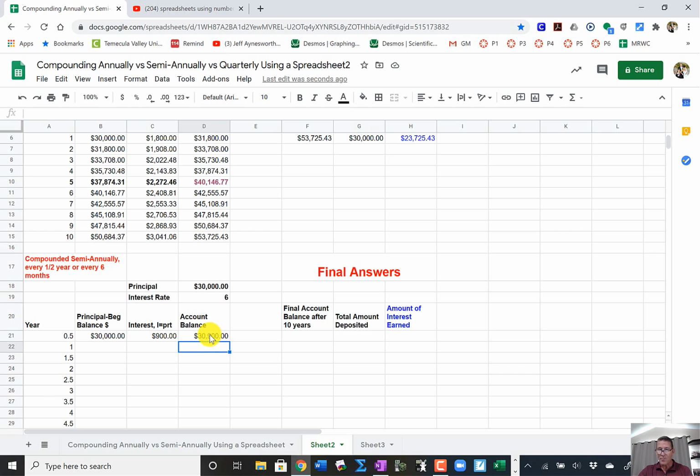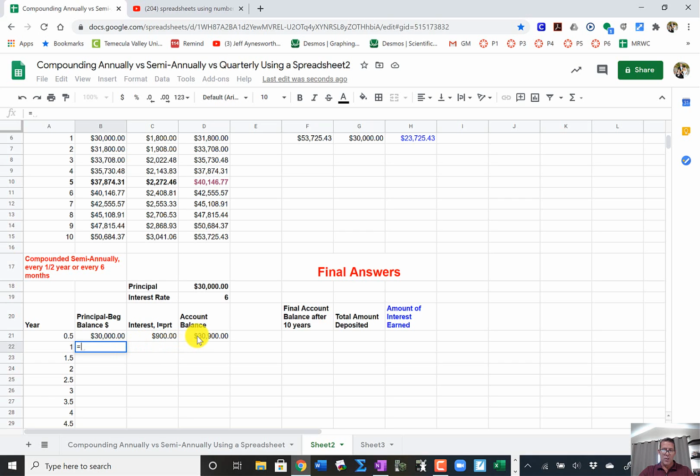So now after a half a year, like you're midway through the year here, you have $30,900. Okay, that's great. So now in the second half of the year, we start off with 30,900 and then we calculate the interest on that. This is the whole idea of compounding. So you don't type in $30,900, you type in the cell or the formula where it comes from.